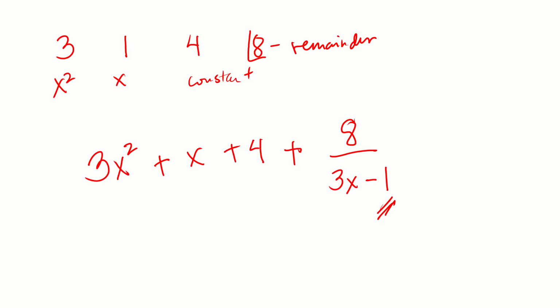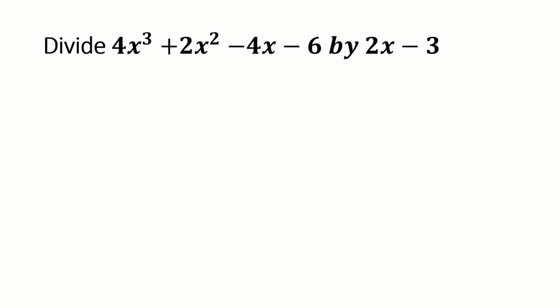Okay, let's have the fourth and the last example. So we have to divide 4x cubed plus 2x squared minus 4x minus 6 by 2x minus 3. Na kung nakikita natin, grade 10, ang divisor na naman natin ay may katabing number yung x.